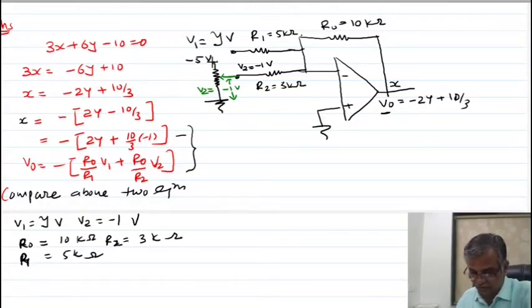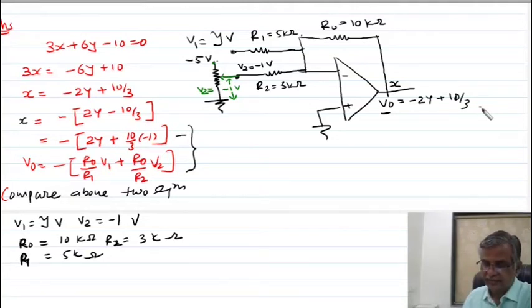I am using a potentiometer circuit here to get minus 1 volt. So I have connected minus 5 volt, this is a ground. By adjusting this potentiometer, I can get minus 1. Here I have written Y. So I can get here x. What is your x? I will get minus 2y plus 10 by 3.